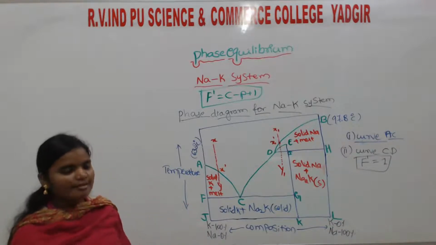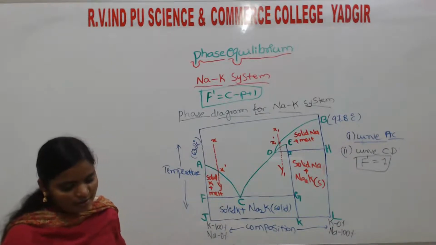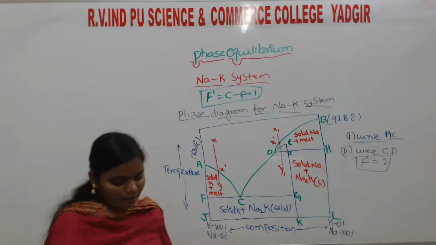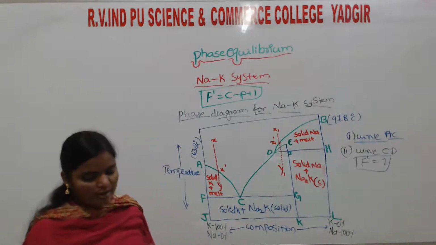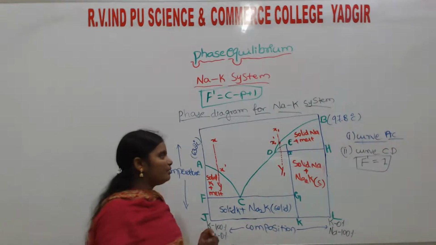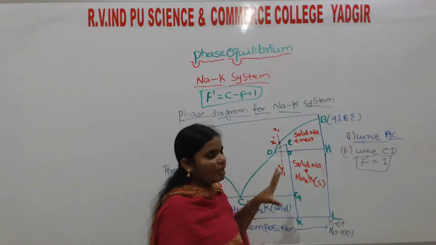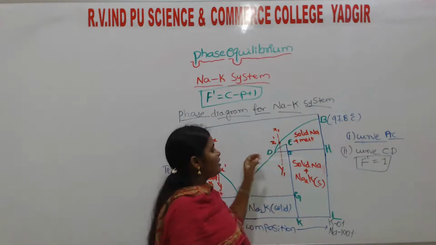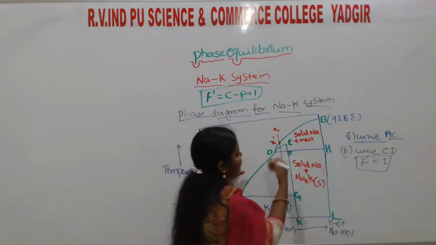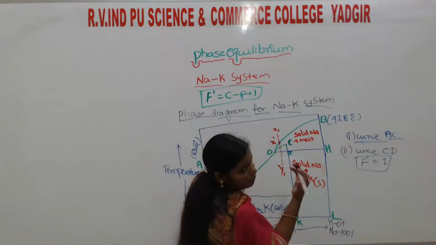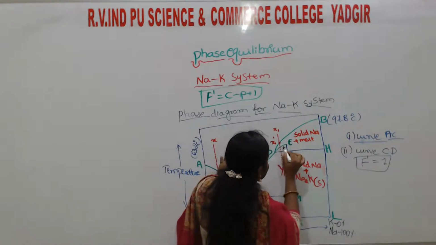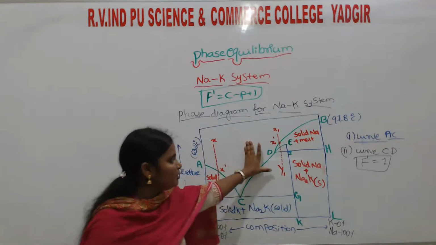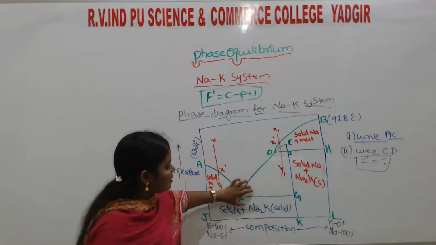Next, in the case where the compound has a congruent melting point, the curve may be extended to the stable melting point E. Here, extending to the point E is not possible; it exists only up to the CD curve.